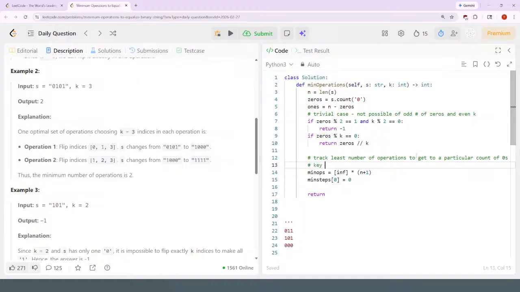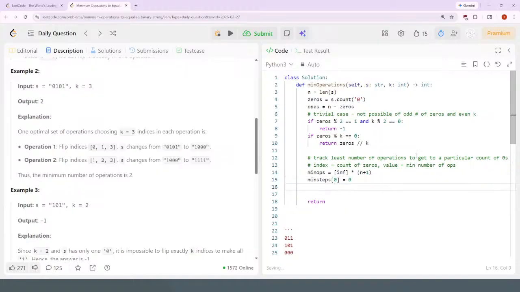So here the key is the count of zeros, or key being the index, count of zeros, and the value equals the minimum number of operations. So obviously if you have 0 zeros then you're done, so it's 0 operations.